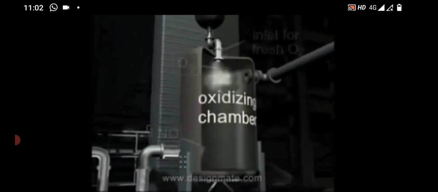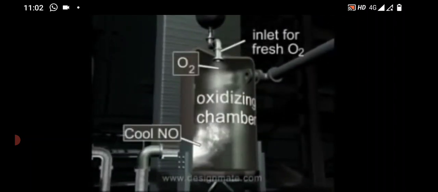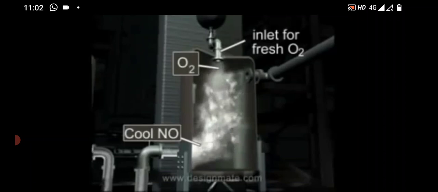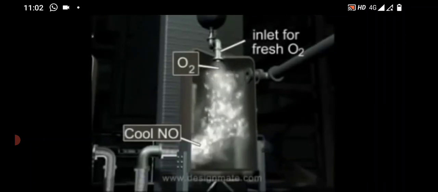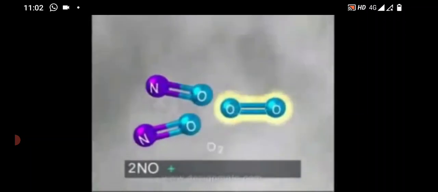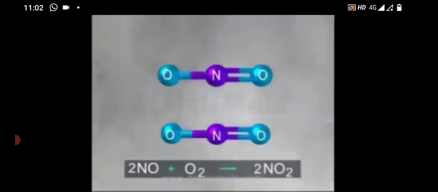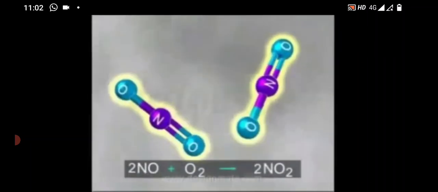This chamber has an inlet for fresh oxygen. Here, nitric oxide combines with oxygen to form nitrogen dioxide. 2 molecules of NO plus 1 molecule of O2 gives 2 molecules of NO2, that is nitrogen dioxide.